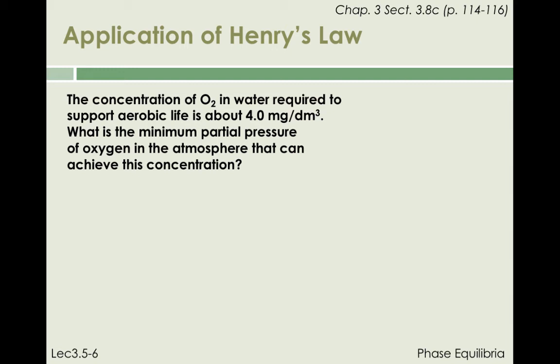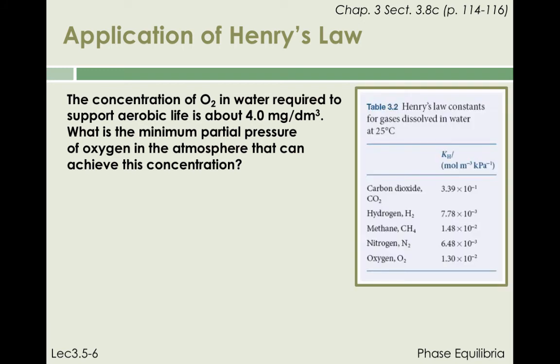The problem we tackle here consists in the determination of the minimum partial pressure of oxygen required to support aerobic life, given that the minimum concentration of O2 dissolved in cells is about 4 mg per cubic decimeter. In the literature, we find that Henry's constant for oxygen in water at 25 degrees Celsius exhibits a value of 1.30 times 10 to the minus 2 moles per meter cube per kilopascal.